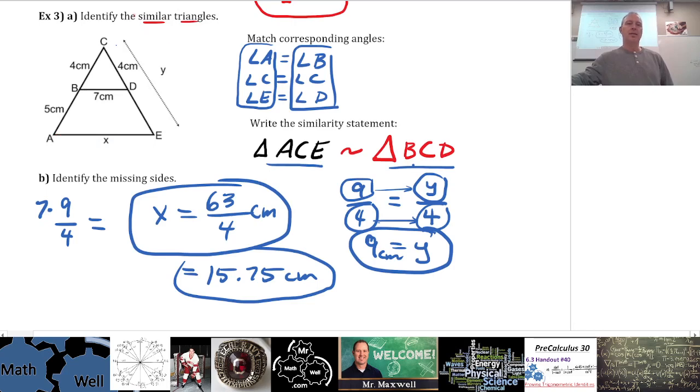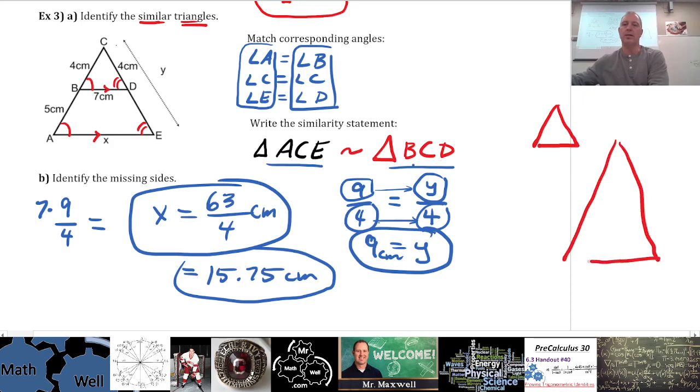And then it's saying that there are similar triangles here. So that means that this side is parallel to this side, which means that this angle has to be equal to this angle, and so on. This angle right here, we don't know what it is, but it has to be equal to that one because they're also corresponding. So if we were to split these up, then it would look like this small triangle right here, and then the larger triangle right here, and they would be similar.